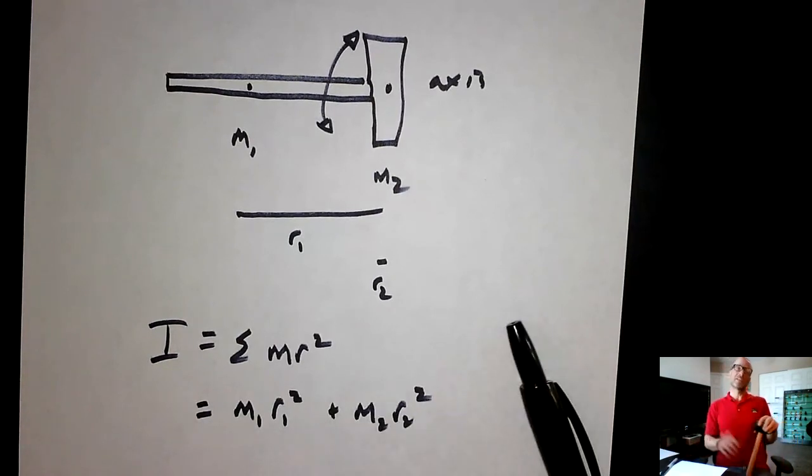What that equation tells us is if the mass is closer to the axis of rotation, moment of inertia goes down. The resistance to change in angular motion goes down as the mass gets closer to the axis of rotation. If the mass is farther from the axis of rotation, it's going to have a bigger impact on moment of inertia.